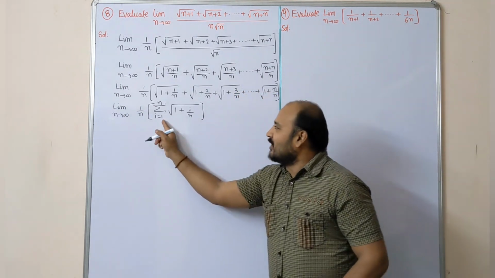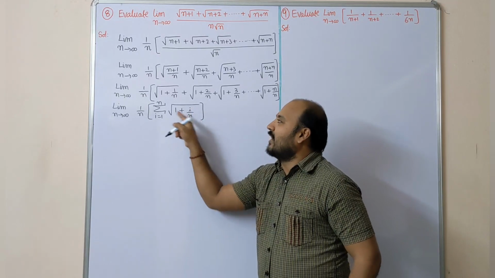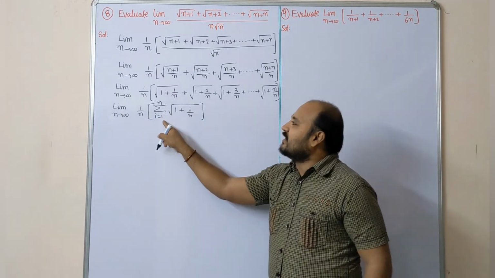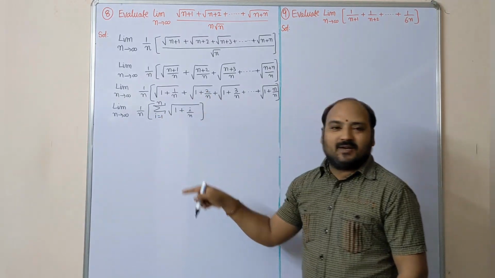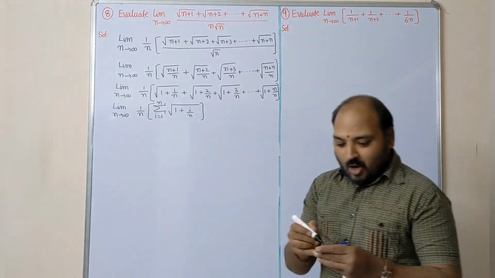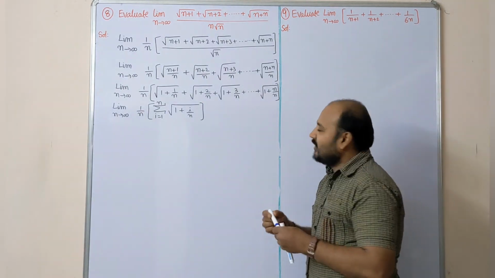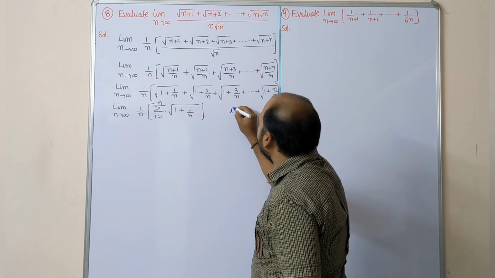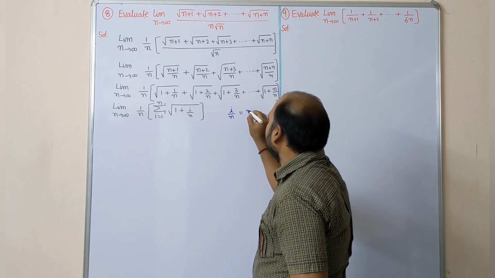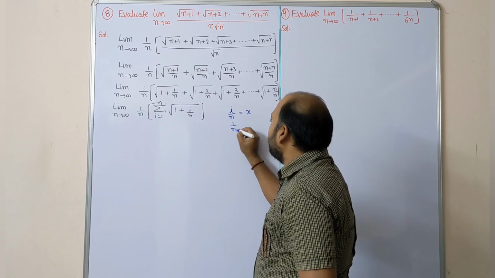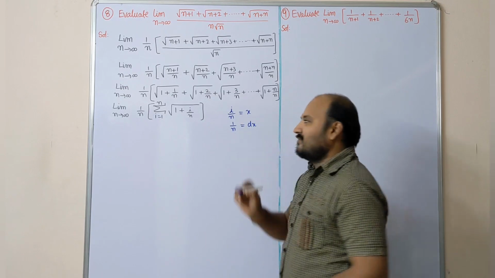Once check: i is equal to 1, substitute root 1 plus 1 by n. Sigma means plus. i is equal to 2, substitute 1 plus 2 by n, and so on. After that, what we have to do? i by n is equal to x and in place of 1 by n, dx.